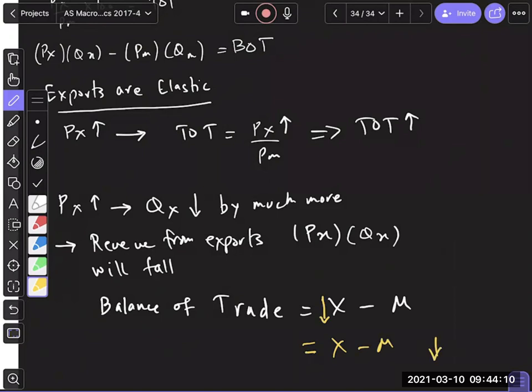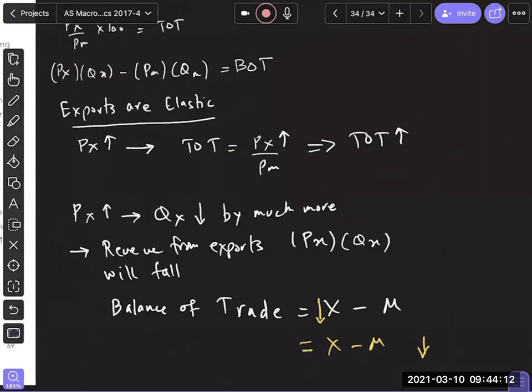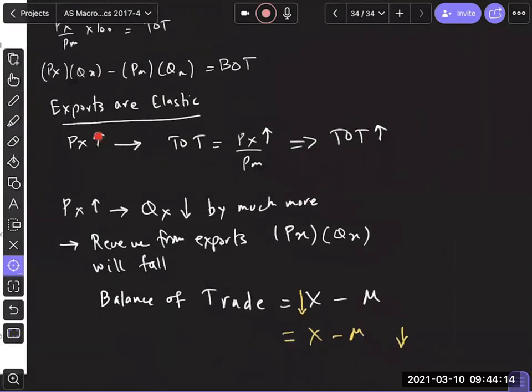So what I'm trying to say is that although we might think that terms of trade improvement is desirable, an improvement in the terms of trade causes your balance of trade to worsen if your goods are elastic, because export revenue will fall. That means it's not really desirable when the goods are elastic.